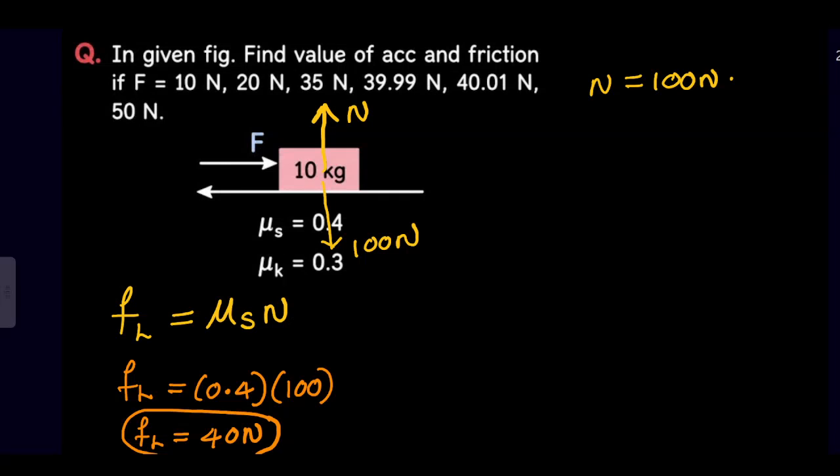Here we are going to see different cases. We apply the force like this. If the body tries to move, it has to move to the right side. If the body tries to move to the right, friction will develop opposite to the motion of the body.